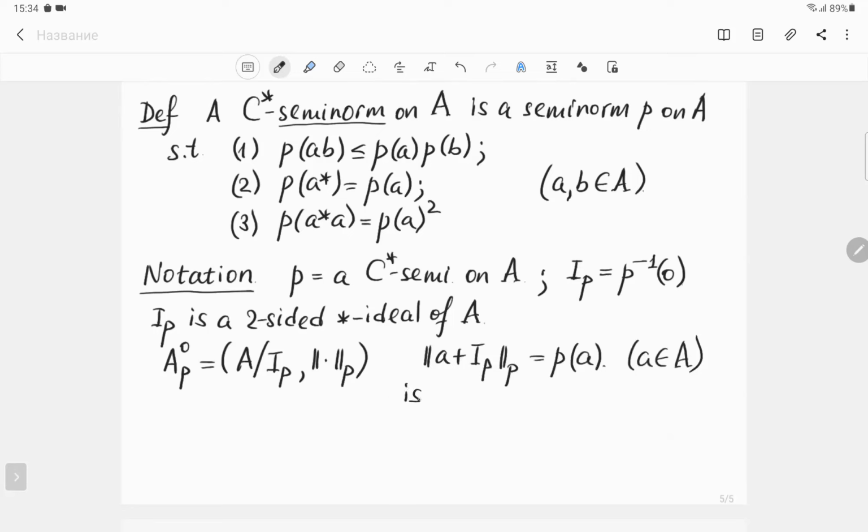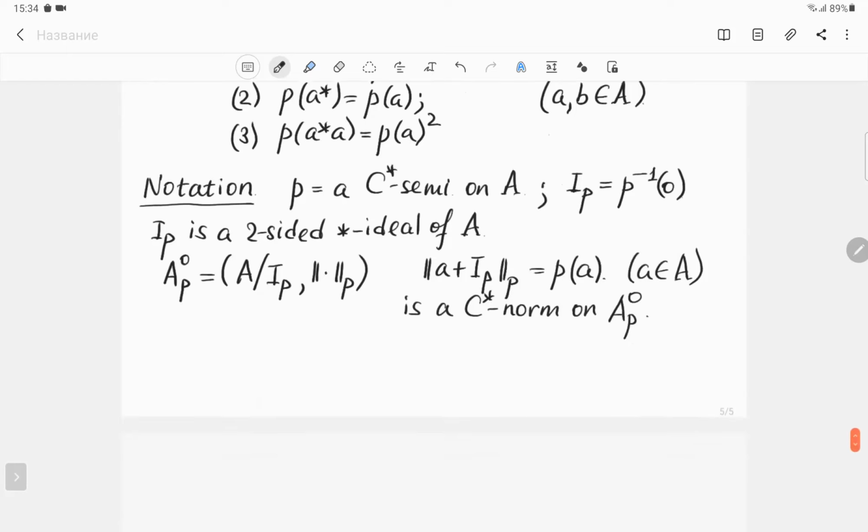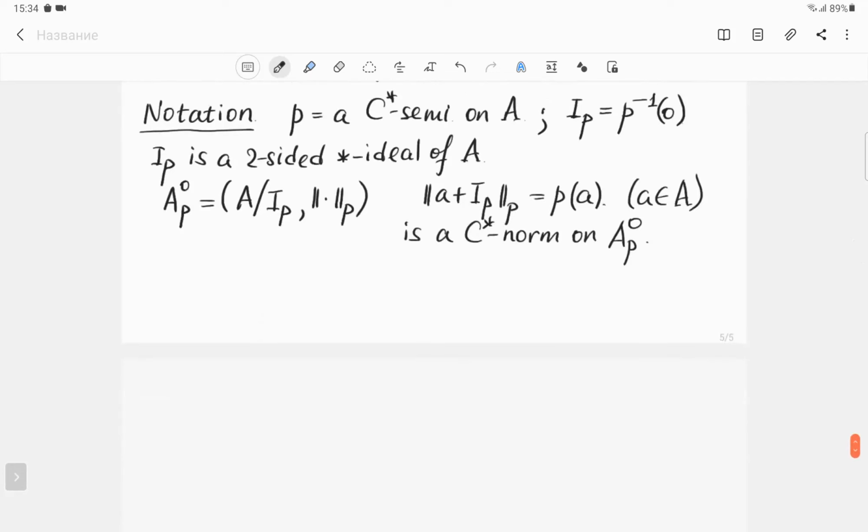This is a C-star norm on AP0. So AP0 becomes a pre-C-star algebra. And so we can take the completion of this pre-C-star algebra, and this completion will be denoted by AP. And this is now a C-star algebra.